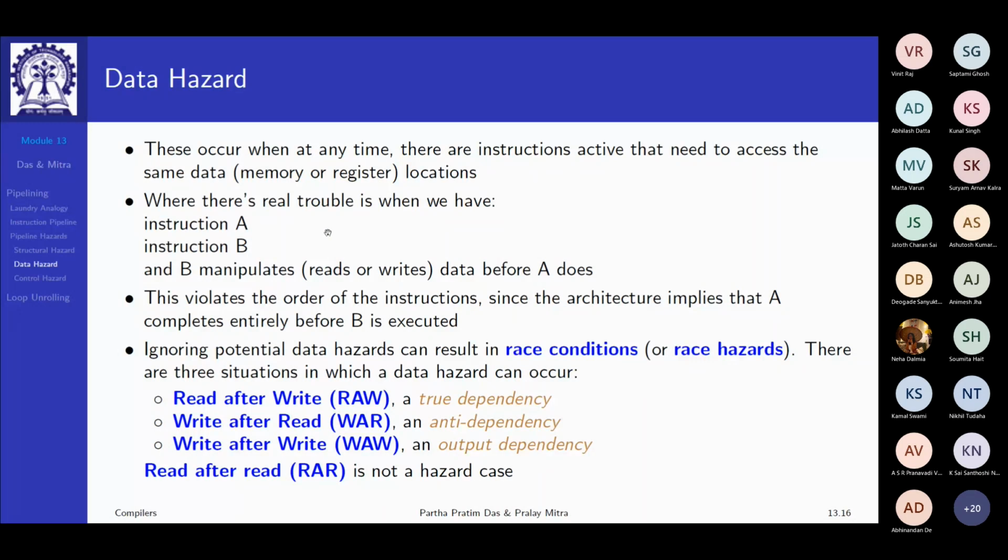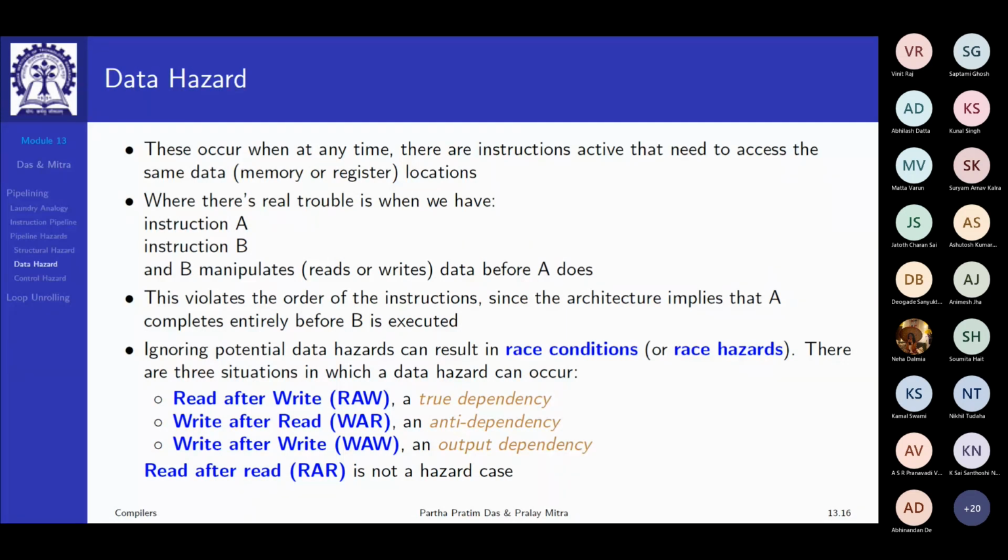So it is quite possible that you have two instructions, instruction A and instruction B. Instruction B, which comes later, needs to manipulate, either read or write, data which A is supposed to also manipulate. But B is sequentially after instruction A.